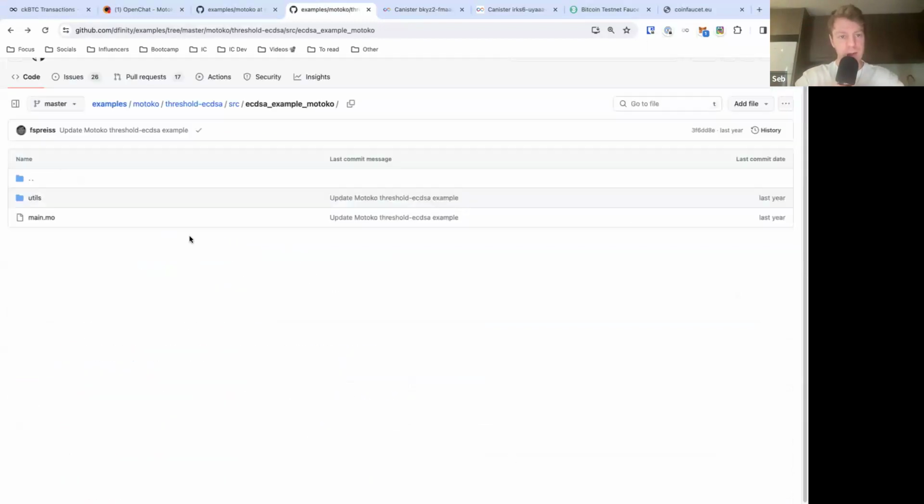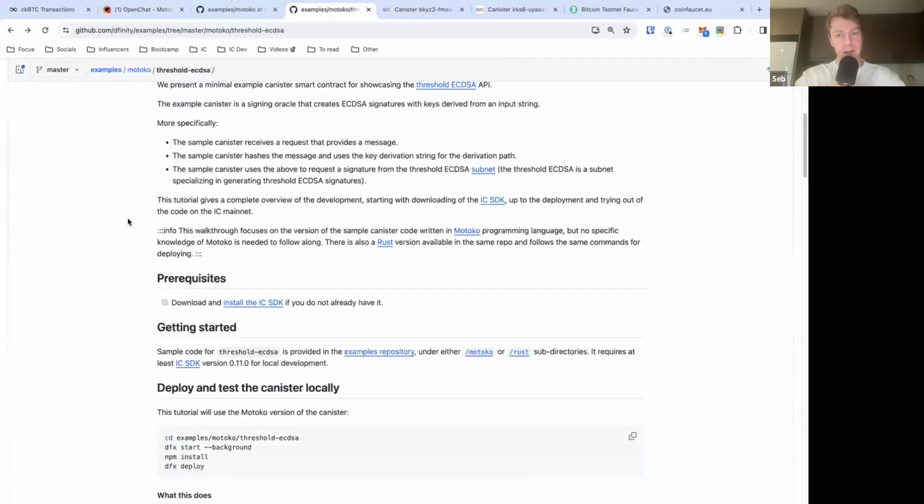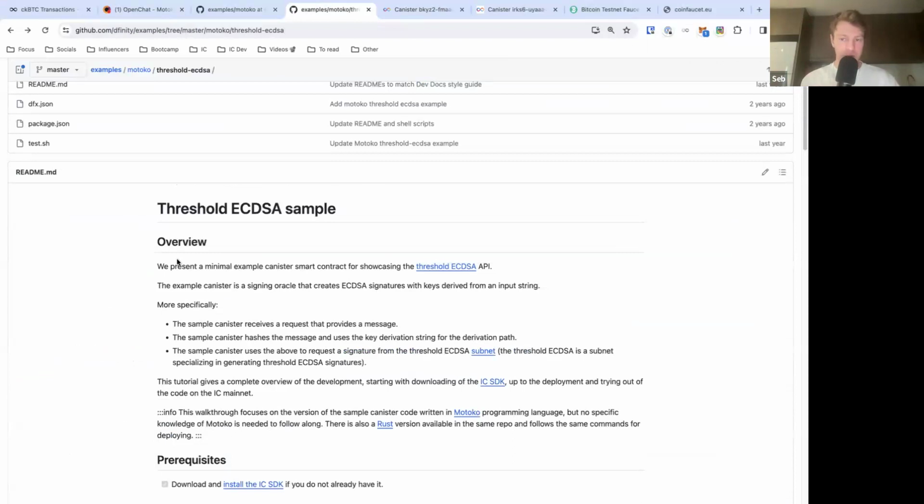So it's a canister that leverages the threshold ECDSA API. And the threshold ECDSA API is the API that is in the management canister that we've already seen. So you are able to sign or create keys. And this can be used not only for Bitcoin, but for many, many purposes.